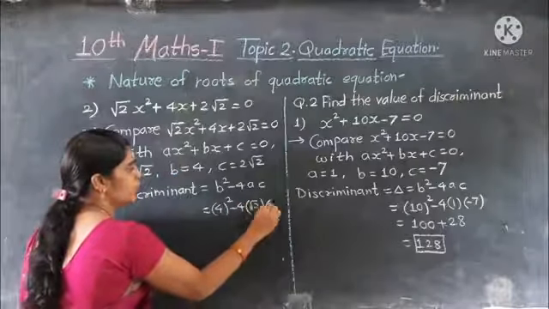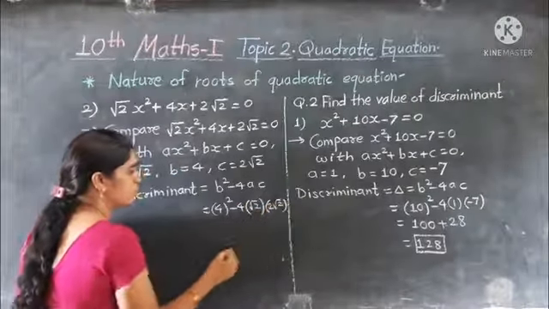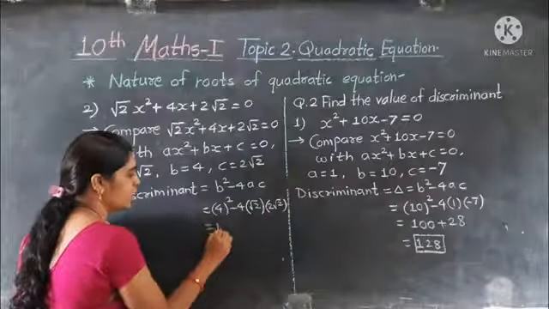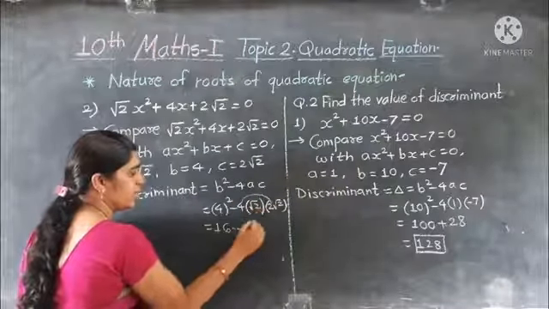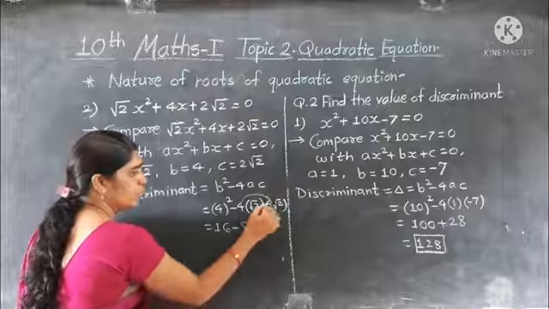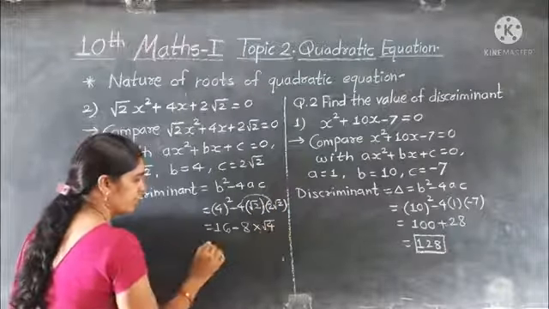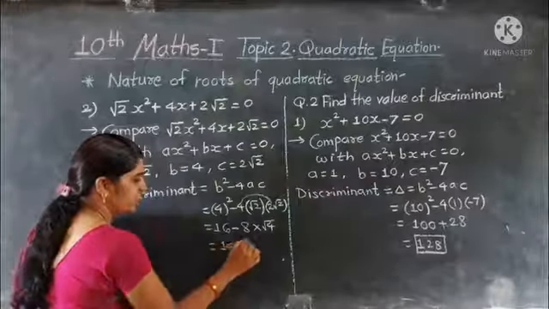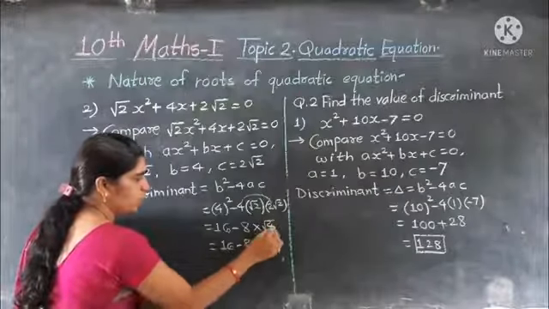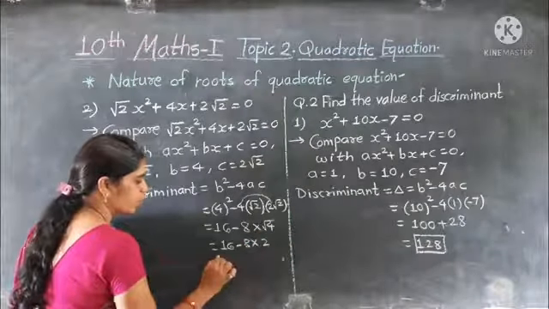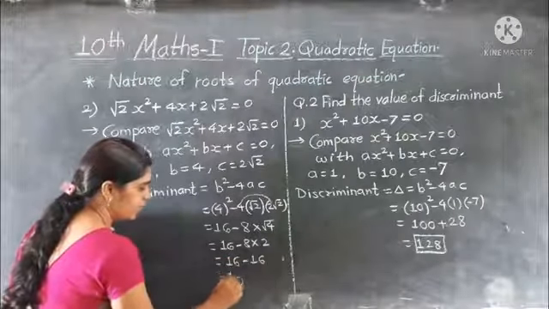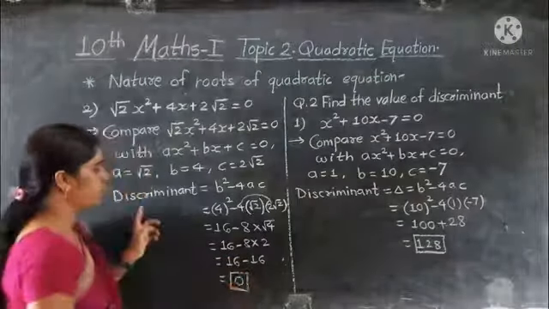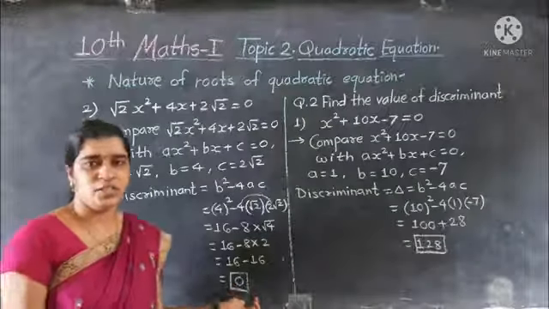Root 2, into c is 2 root 2. 4 4s are 16 minus 4 2s are 8, 2 2s are 4. Okay. So 16 minus 8 into 4, square root of 4 is 2. 16 minus 16 is equal to 0. So the value of the discriminant is 0.